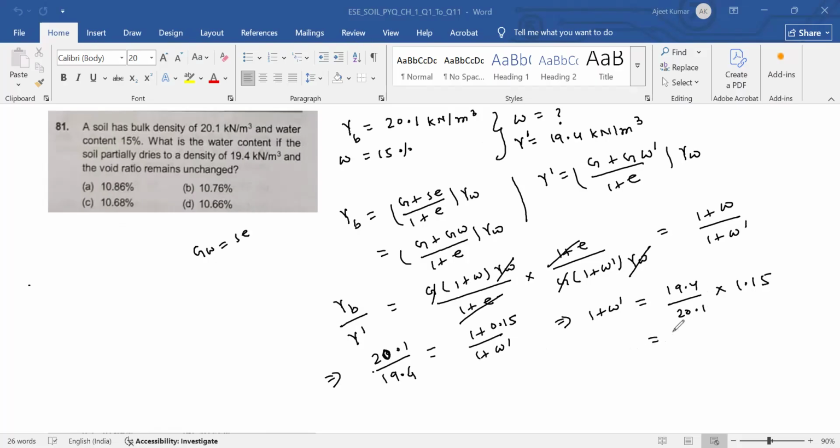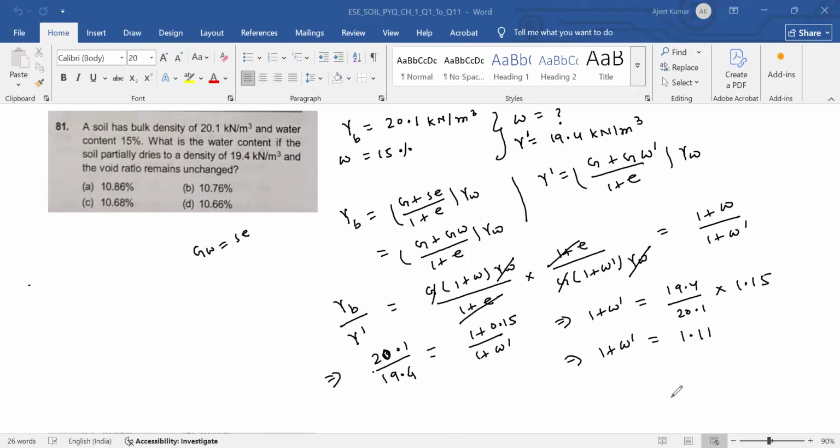So from here, 1 plus W prime, if we calculate this, 19.4 divided by 20.1 is 0.96, and multiplied by 1.15, this is 1.109, and we can take it as 1.11.